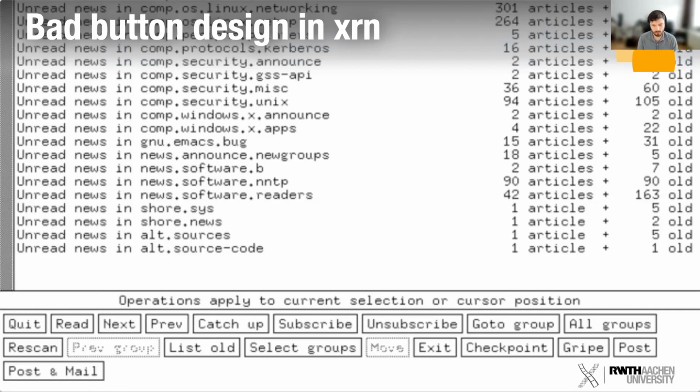If the quit and exit buttons had, for example, a different look, you could avoid mistakes of the users. By the way, here you also don't have this visual clustering. So for example, by applying the Gestalt Law of Proximity, it's very hard to find the different functions in this interface.